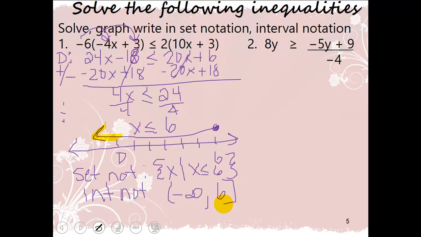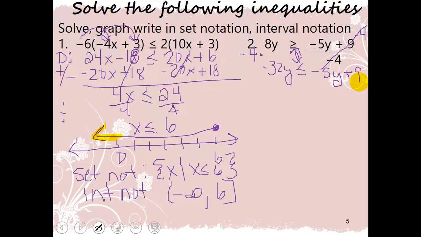All right, on number 2, I'm going to multiply both sides by negative 4. Okay, so when I do that, whenever I multiply by a negative, what do I have to do to flip the direction of that inequality? These are going to cancel. So I have negative 32y is less than or equal to, look what I did there, I flipped, negative 5y plus 9.